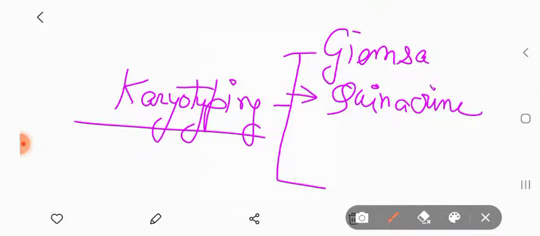Different types of stains are employed. Giemsa stain is the most popular stain which is used for chromosome banding and for karyotype analysis. Then another stain is quinacrine, also known as quinacrine mustard.